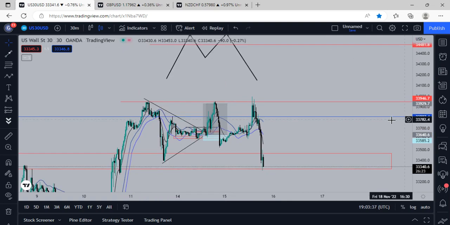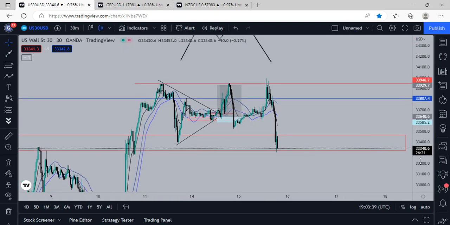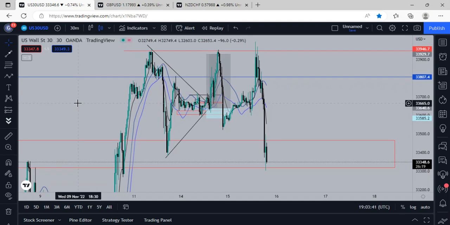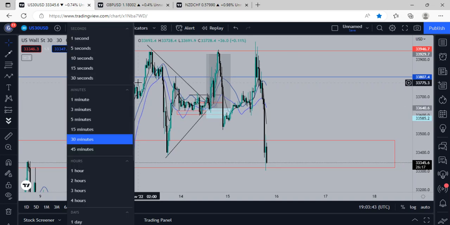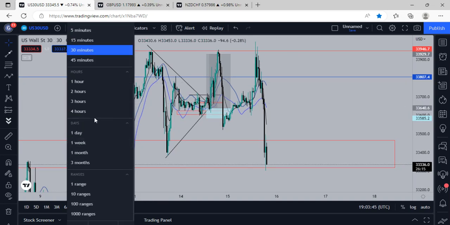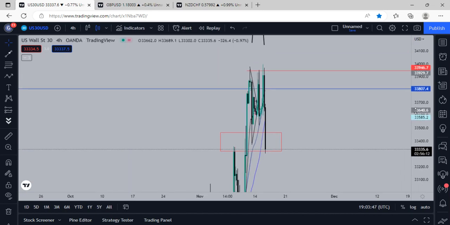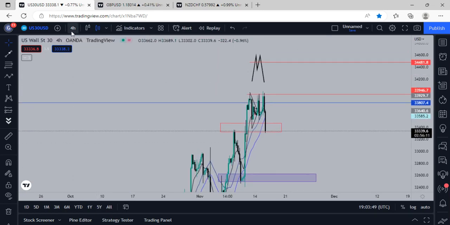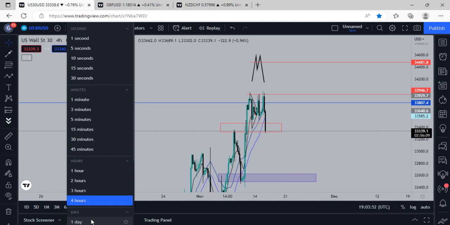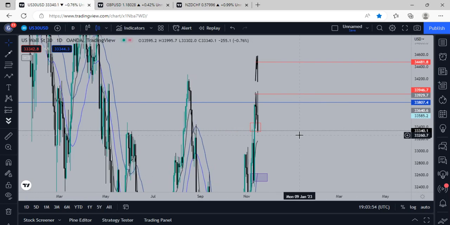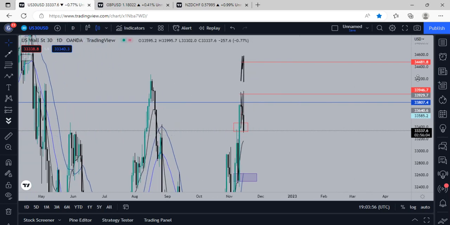So that tells you that we can be selling, because if you go to look at the 4 hourly, this is important when knowing how to read your candles, okay?